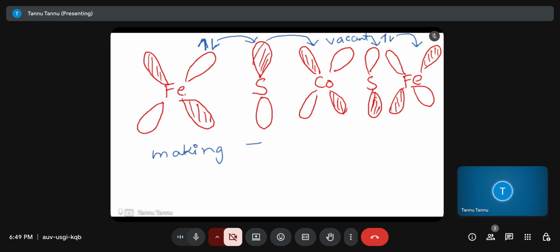So basically, intervalence charge transfer is happening through sulfur and cobalt atoms between these two iron atoms, making Fe2.5, the intermediate oxidation state.